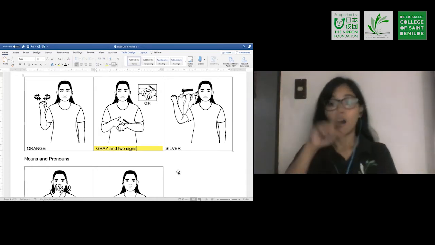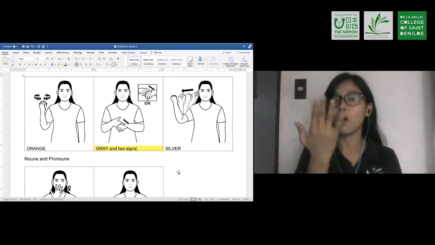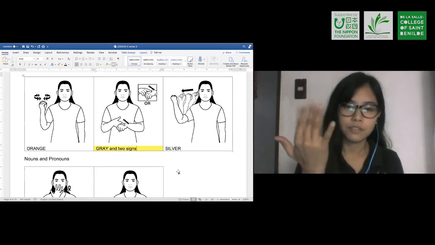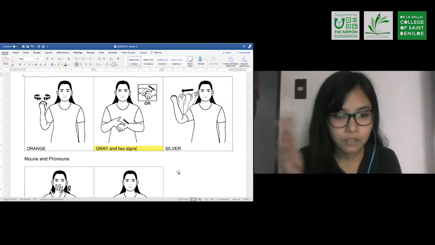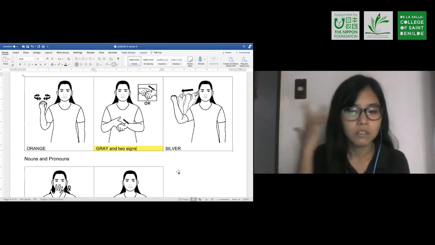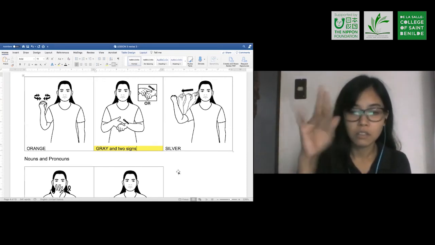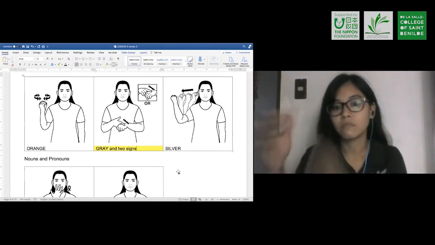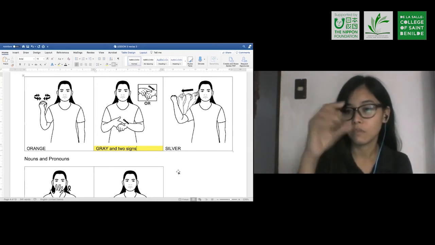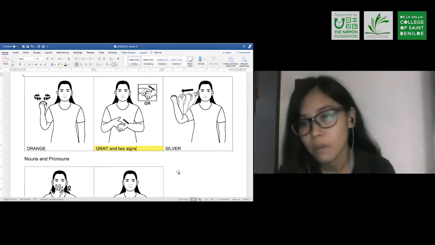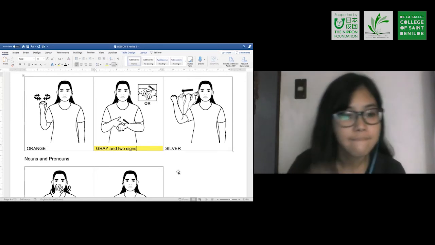So you had this sign for white? Orange, orange. So that's another sign, and this is for orange. Okay. And then silver, it's also like this. Like California. Gold, in California there's two versions. Yeah, gold, like this. Okay.